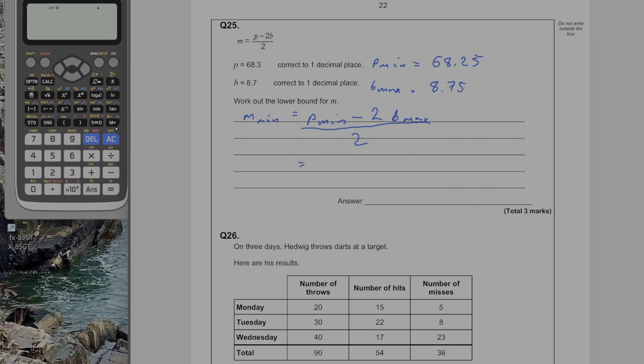So I'm just going to type it in like that then. 68.25 minus, and actually I'll type it in as a fraction, minus 2 times 8.75, and I want to divide that by 2.